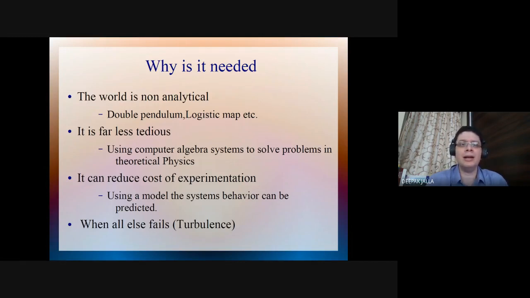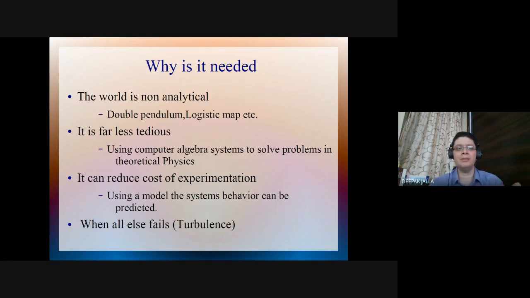But as our understanding of the universe increased, we realized, oh, if we take only the analytical equations and solve, we are glossing over several real world phenomena, and these real world phenomena cannot be understood until we understand this non-analytical part of those equations.